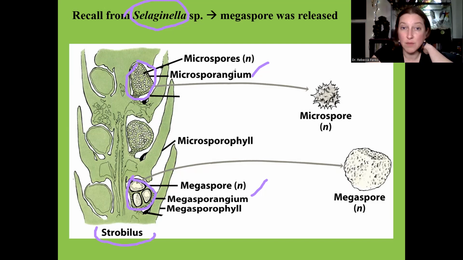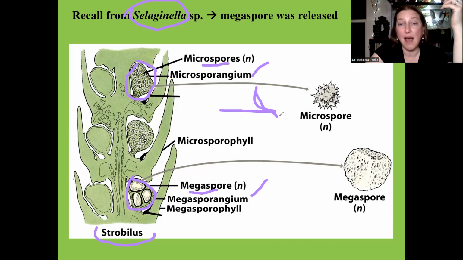The microsporogenesis is going to make, via meiosis, microspores. The megasporogenesis is going to make, via meiosis, megaspores. But what happened next, right? The microspores and the megaspores would be released out into the wind, right?